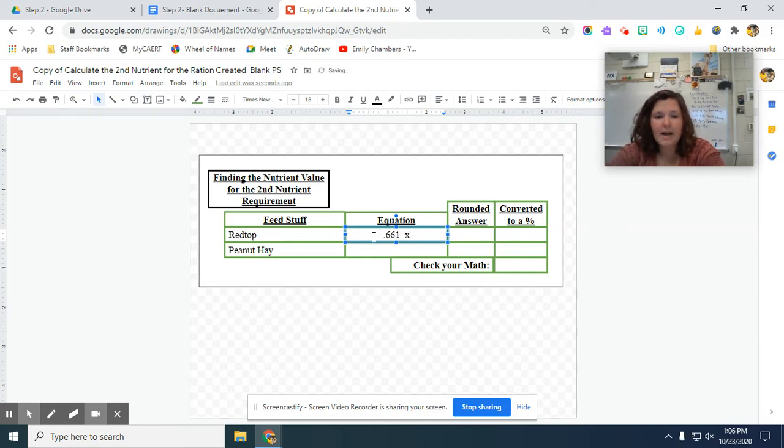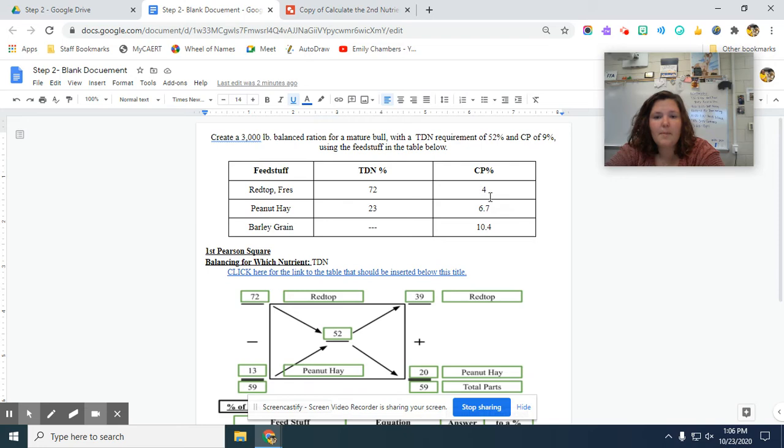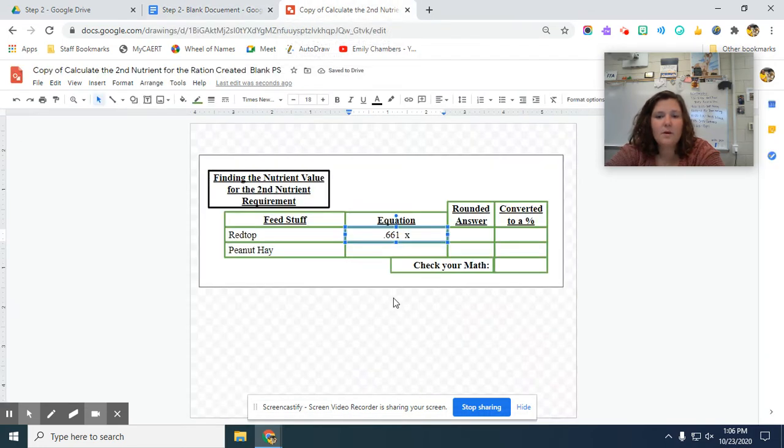And you're going to multiply it by the crude protein percentage in decimal form. So our percentage here is 4, but we want that in decimal form. So we're going to move that decimal place over 2, and we're going to get 0.04. And we get 0.026.